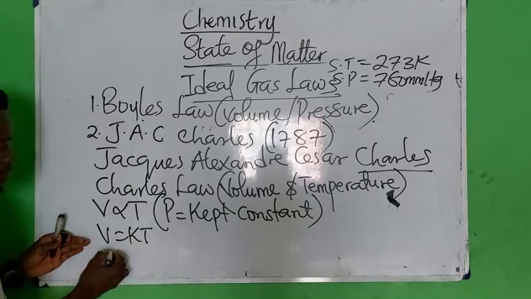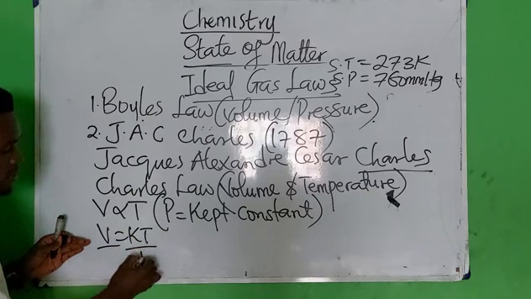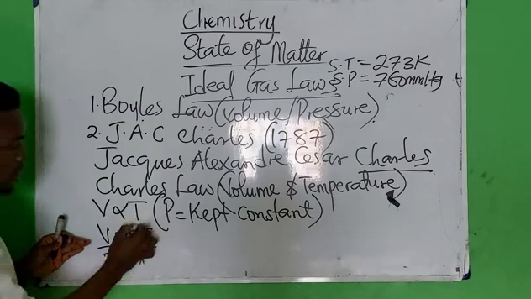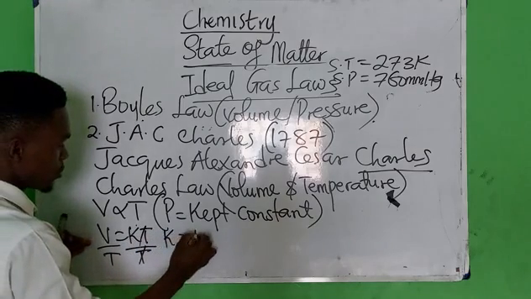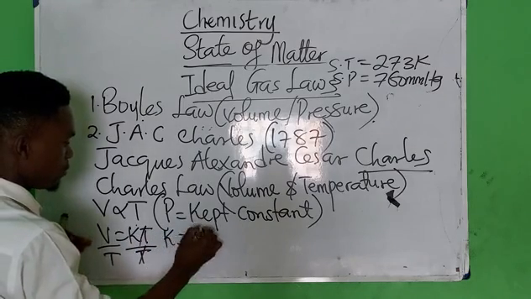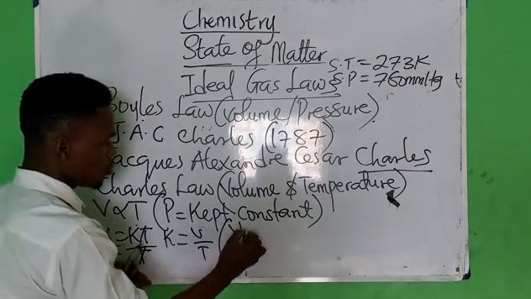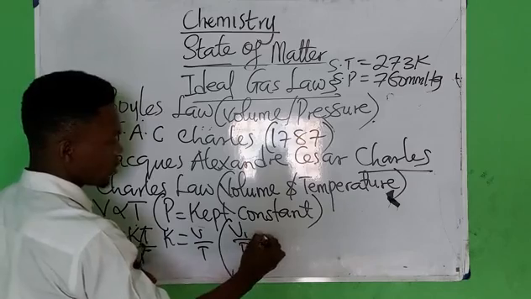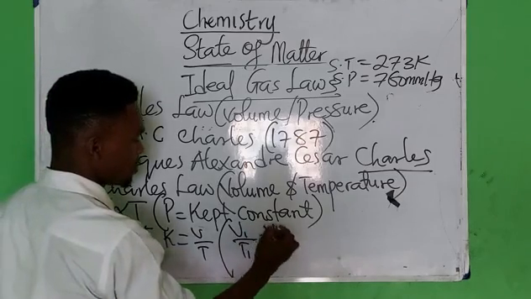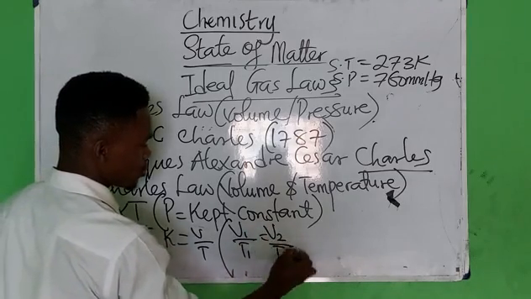Now, if I eliminate this proportionality sign, I'll have V equals KT. Dividing both sides by T, I'll have K equals V over what? T. What does that tell you? It means that V1 over T1 equals V2 over what? T2.